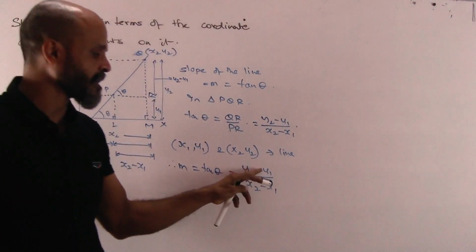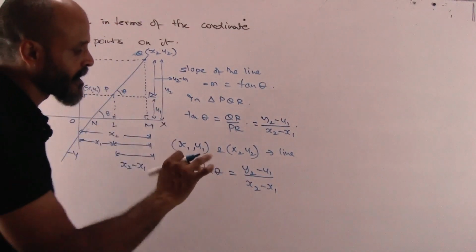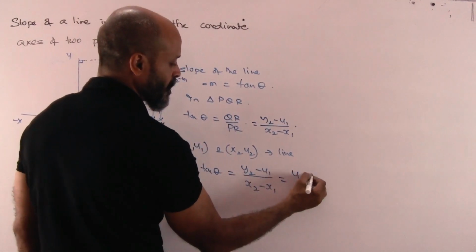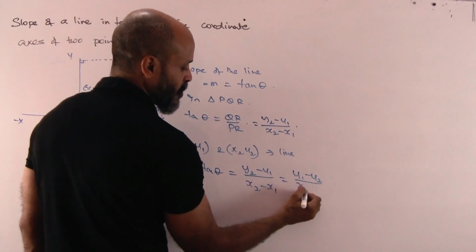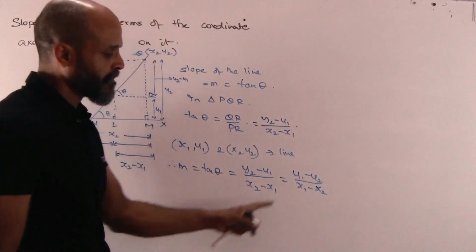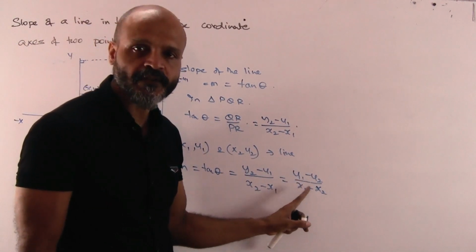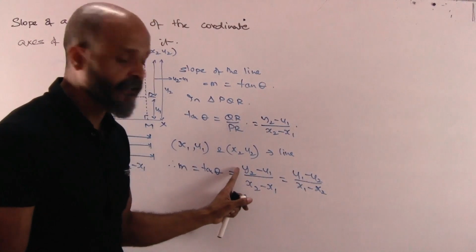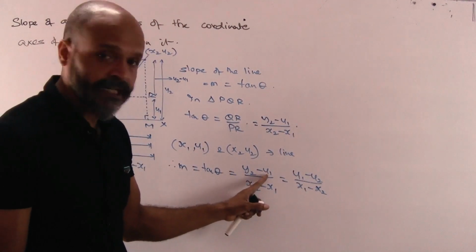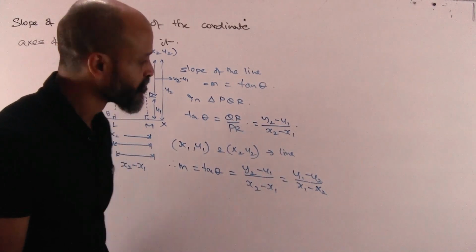Now is there a particular criterion of always writing it this way? We can also write it the other way, but we have to ensure that the subtraction is unidirectional, which means that if we have placed y1 first, y2 should be placed next. If we have placed x1 first, then x2 should be placed next. If we have placed y2 first, then y1, and then simultaneously x2 should be placed first and then x1, okay.